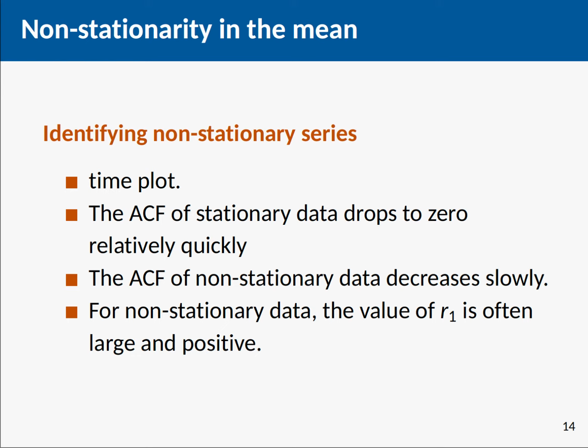So there is this decay that you would see over time. But if the data are non-stationary, then the autocorrelation is not going to decay to 0 very quickly. So you're going to see a very, very slow decay over time, and you'll be able to see that in an example shortly. So if you have non-stationary data, the values of your autocorrelations for different lags are quite large and positive.